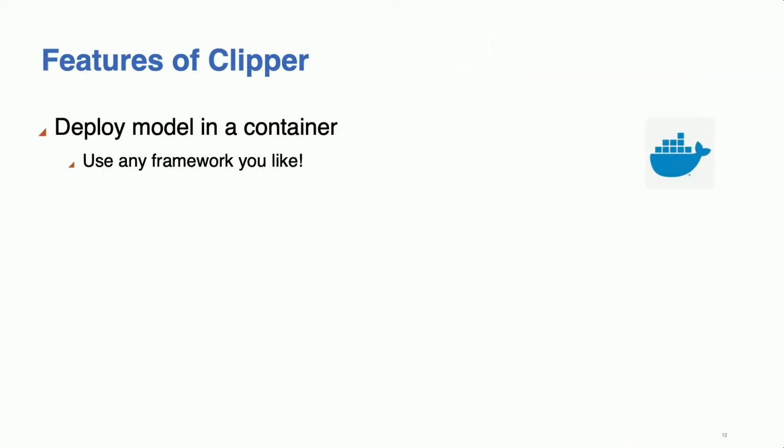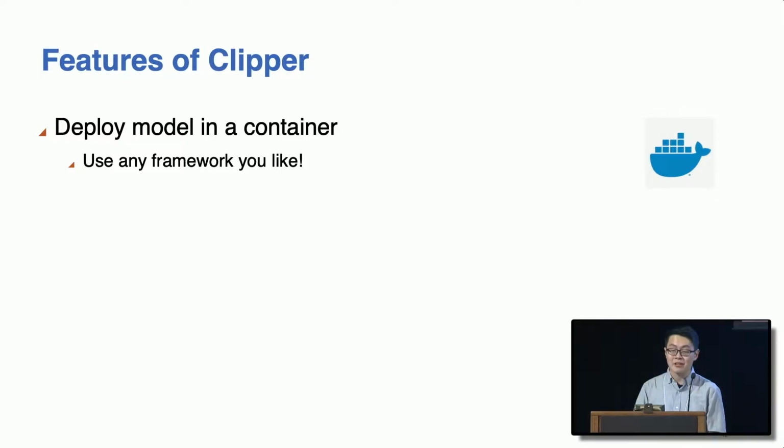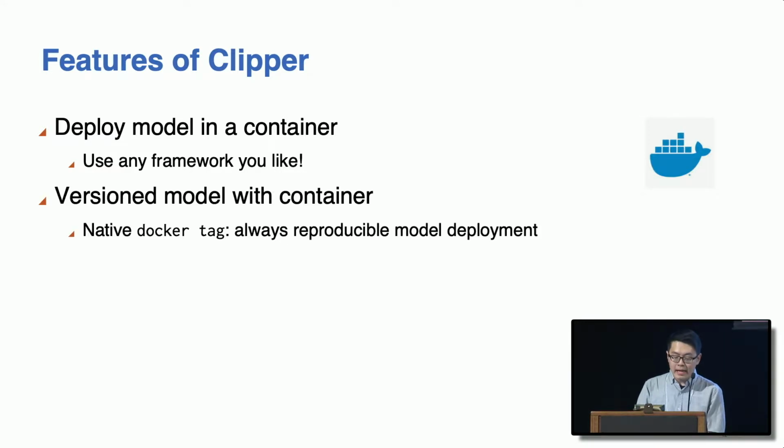There are a lot of interesting features of Clipper. Clipper is container or cloud native, so you can deploy your model in a container and use any framework you like. And because we have containers, we use a native versioning method with Docker containers. This enables reproducible model deployment.